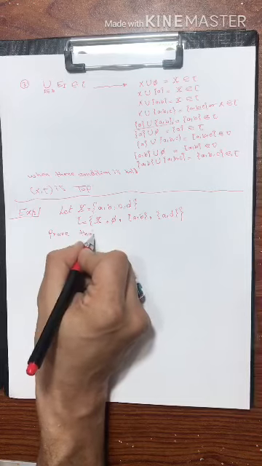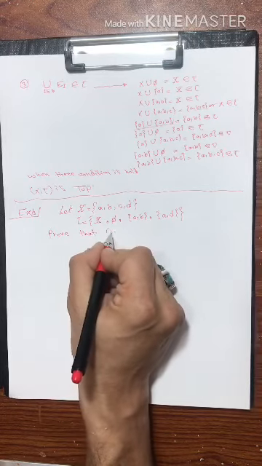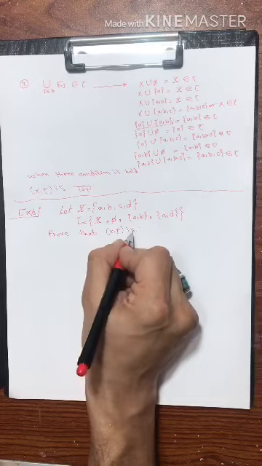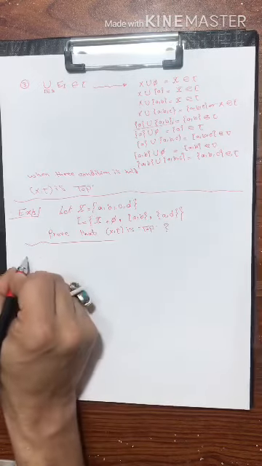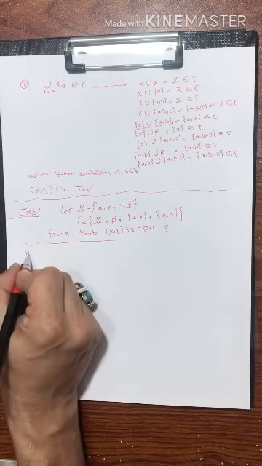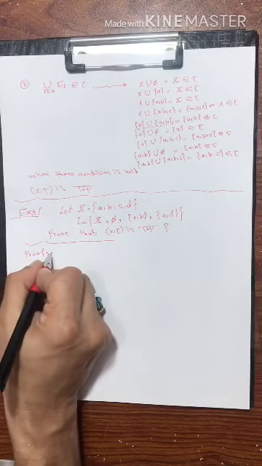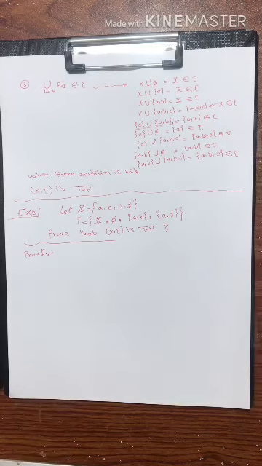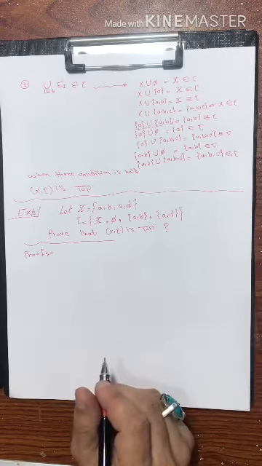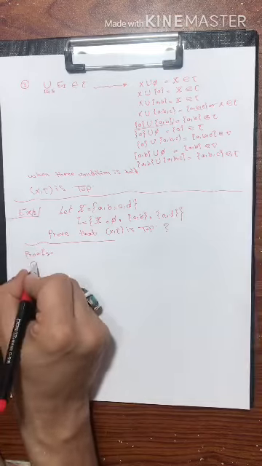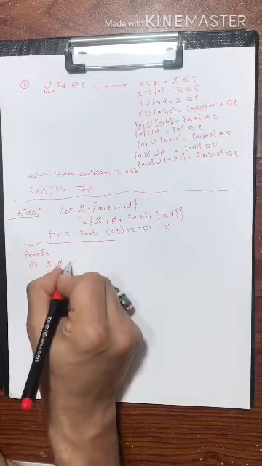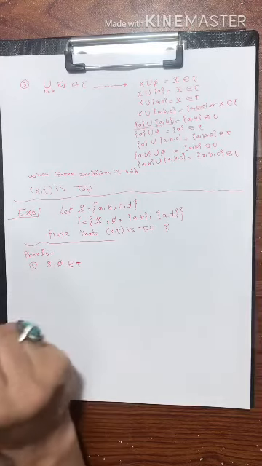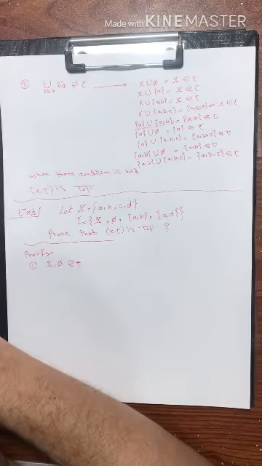Prove that (X, tau) is a topology. To prove this, we must verify the three conditions, and we begin with the first condition, that X and phi belong to tau, and we say this holds for any set.